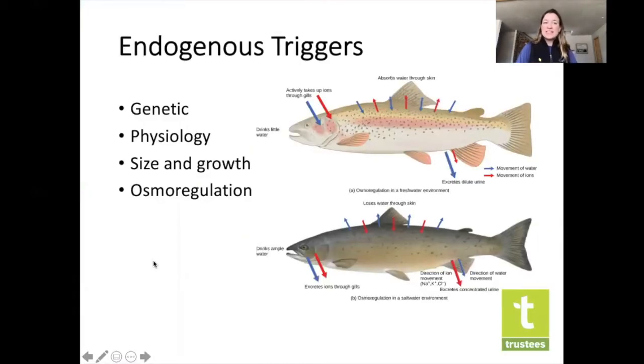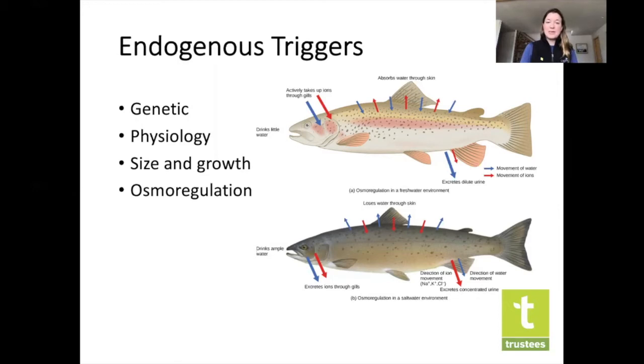So the first ones are endogenous triggers. Think of that word endo, that internal trigger. So what's happening inside that fish that is causing it to migrate or letting it know it needs to migrate now? So this is really seen at a genetic level, at a physiological level, based on size and growth or osmoregulation.